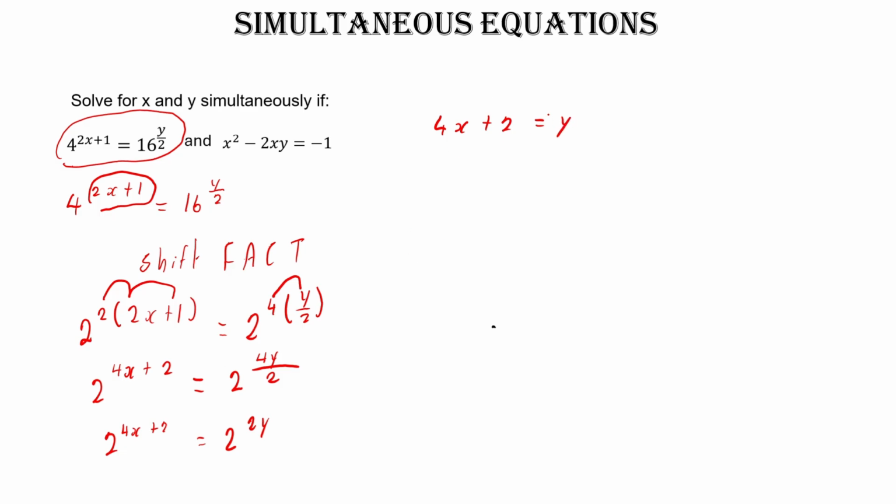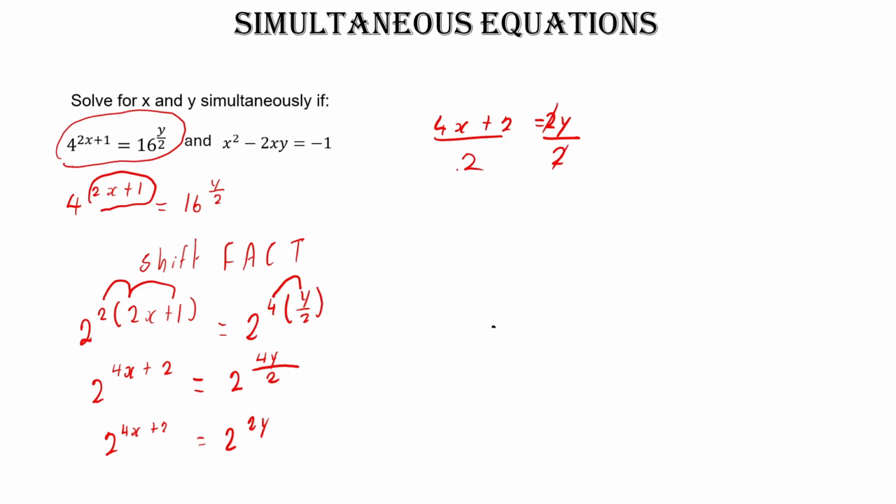So which one can we make the subject of the formula? We can make y the subject, not x, because we're going to get fractions. If we divide 4 by 2 we get a half, and you do not want that. So rather, I'll divide everything by 2.